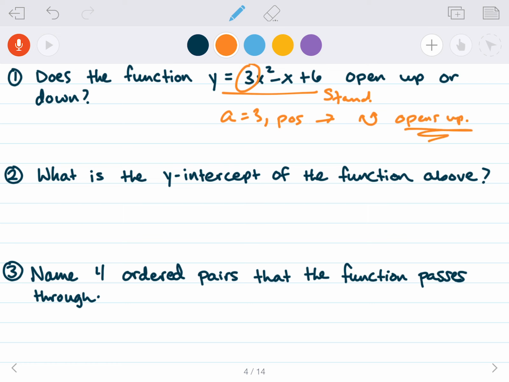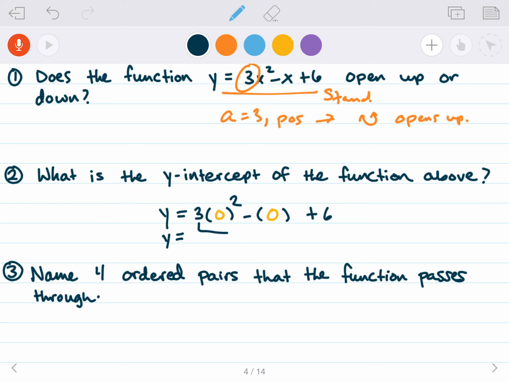What is the y-intercept of the function? Well, the y-intercept occurs when x is 0, so I'm going to plug in 0 anywhere I see an x into my function up there. So I get y equals 3, and I'm plugging in 0 anywhere I see an x, and then I'm just going to evaluate.